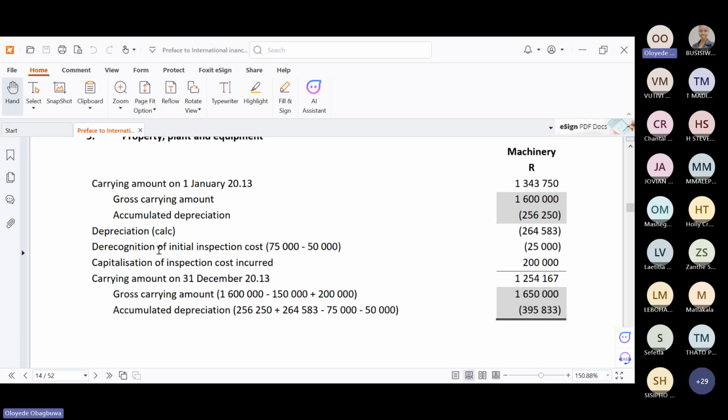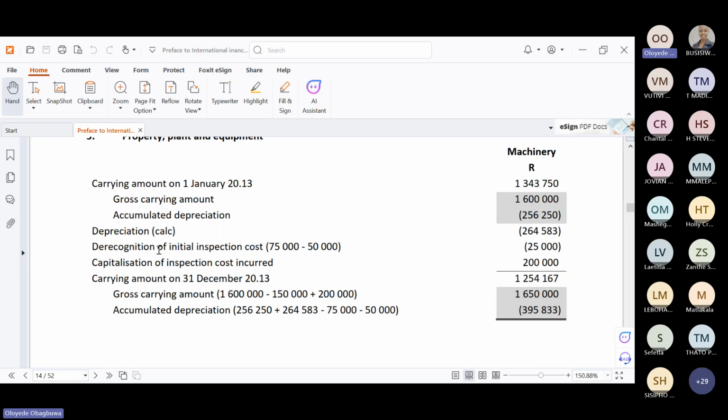Then the recognition of initial inspection cost. Before now, we used to call it disposal, but we no longer call it disposal because, for example, with this inspection we are not disposing of anything, but we are derecognizing it.